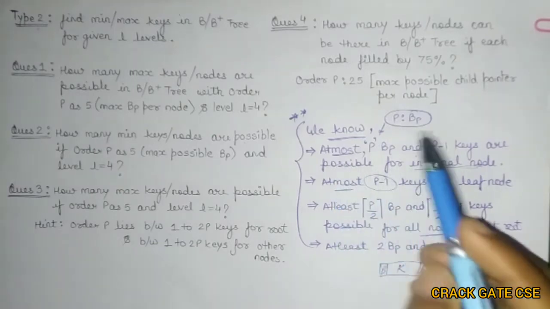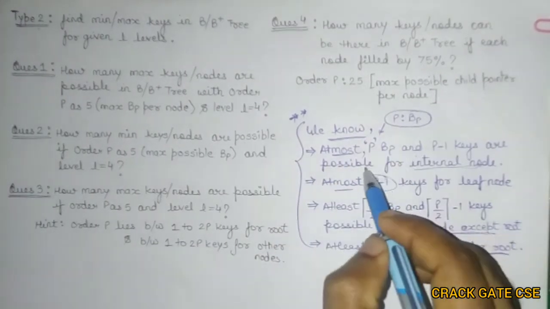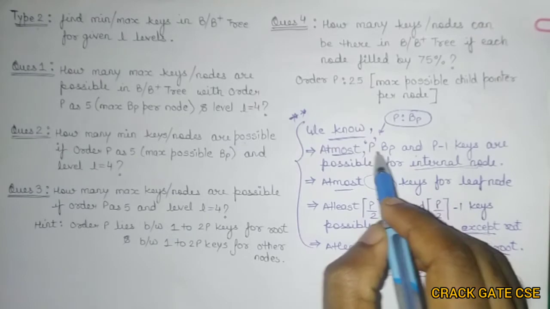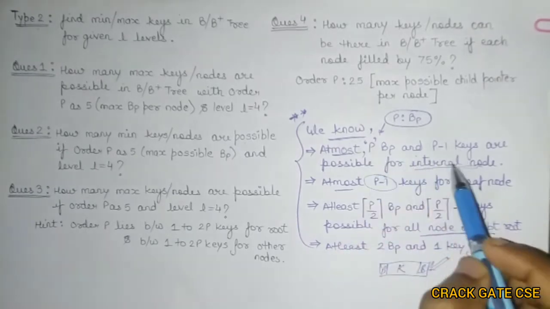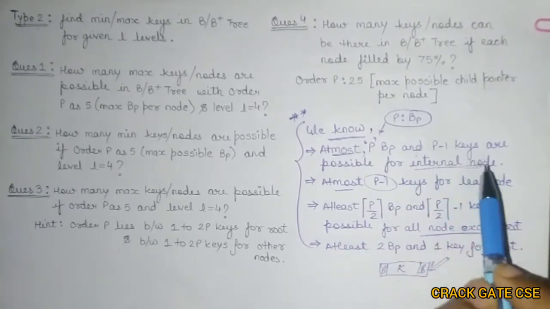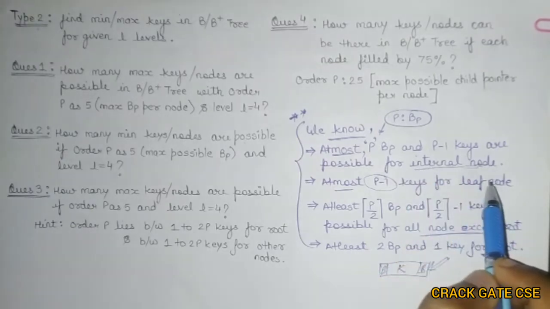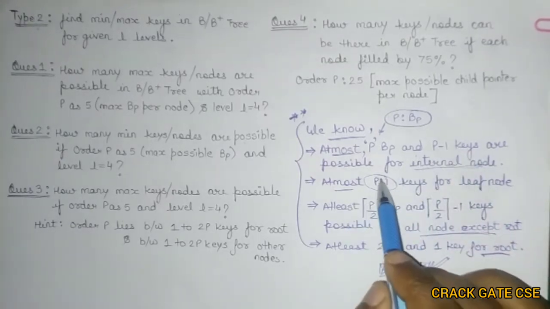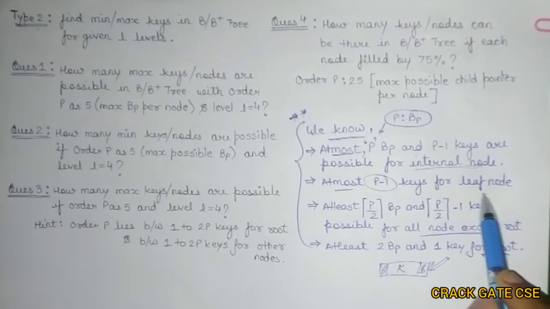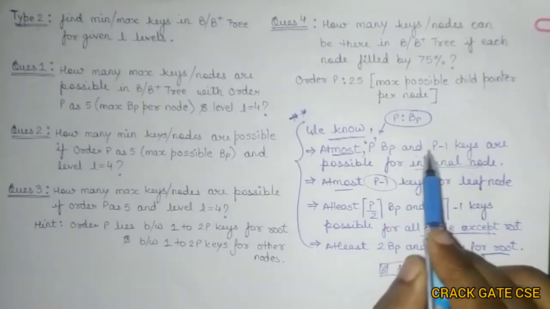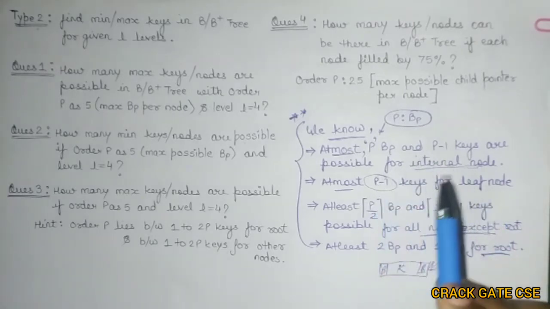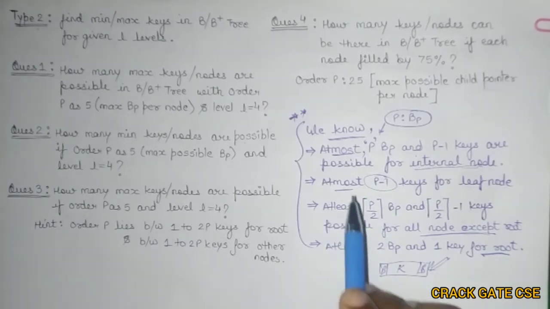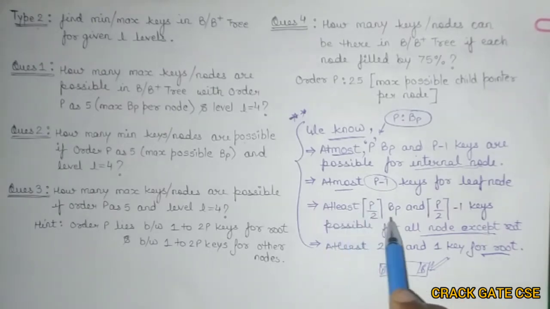We know that in a generalized manner, at most P block pointers can be there, and if there are P block pointers, then there will be P minus 1 keys for the internal nodes. And at most there can be P minus 1 keys for a leaf node. If we talk about the minimum case, at least P by 2 block pointers can be there, and P by 2 minus 1 keys are possible for all the nodes except the root node.